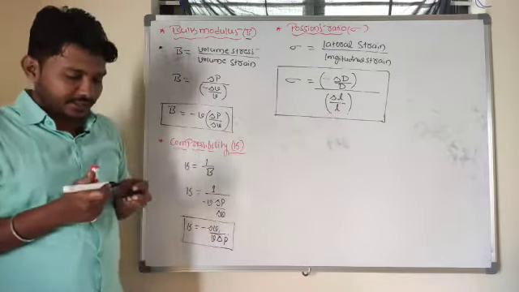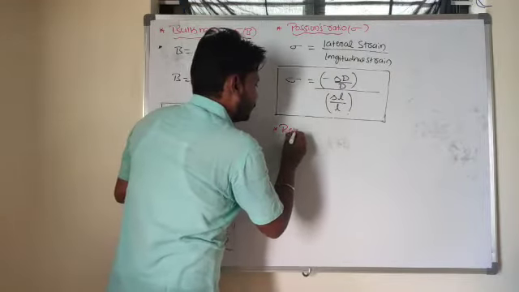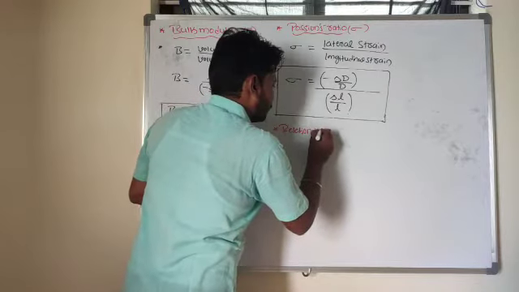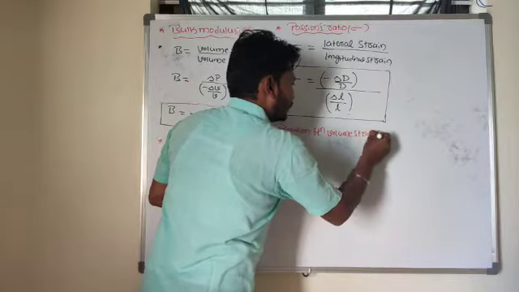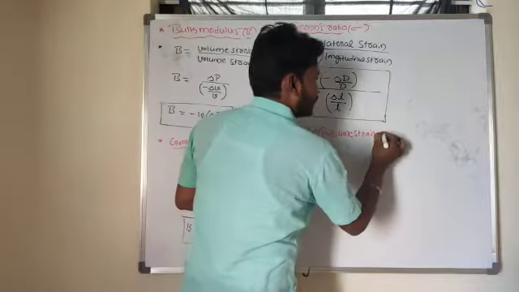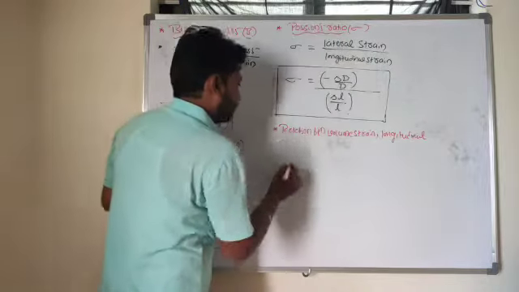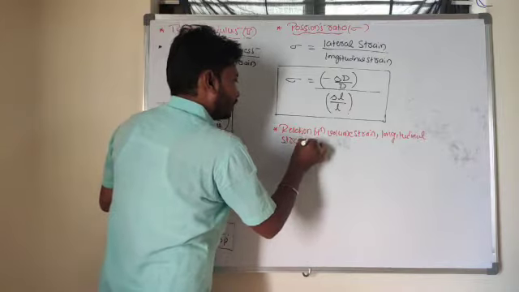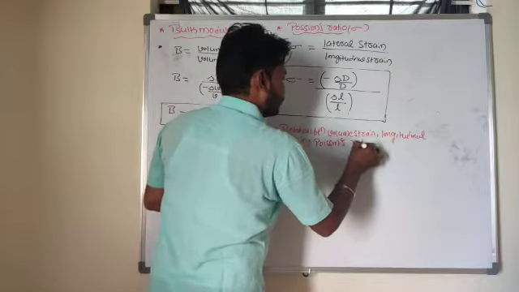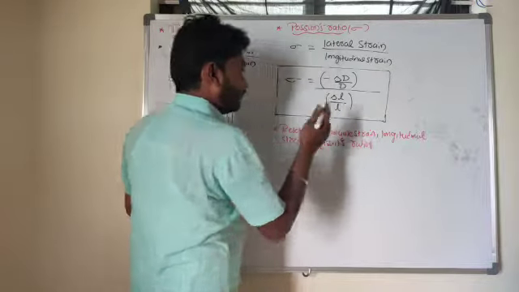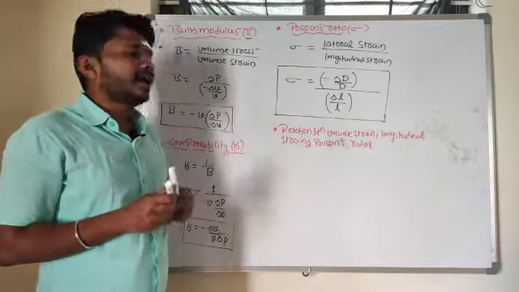Now let me consider the relation between volume strain, longitudinal strain, and Poisson's ratio.